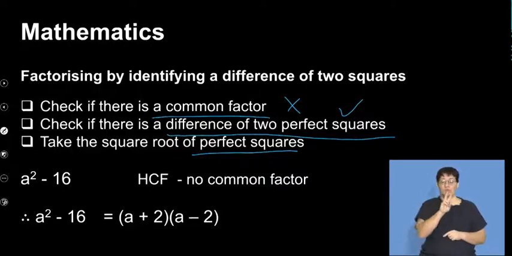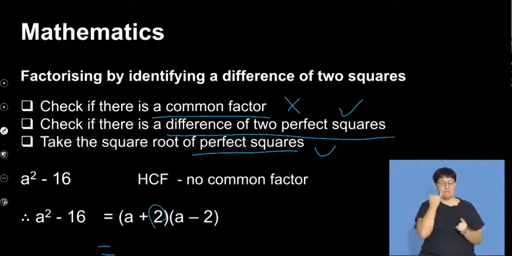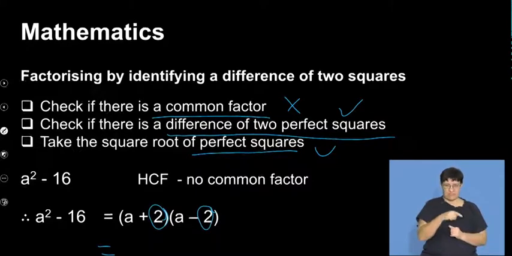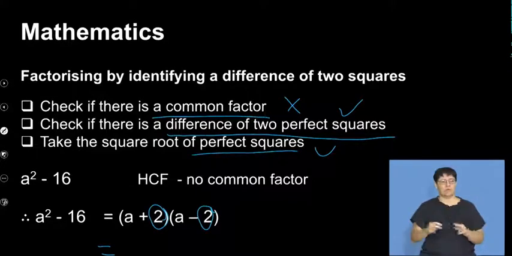Lastly, you will take out the square root of each term, which will then be your factors. Now, here, the mistake that one would make will be to use 2 and 2. Why? Because the square root of 16 will be 4, and then a person will assume that because the square root is 4, then I must use 2. But that's not the case.